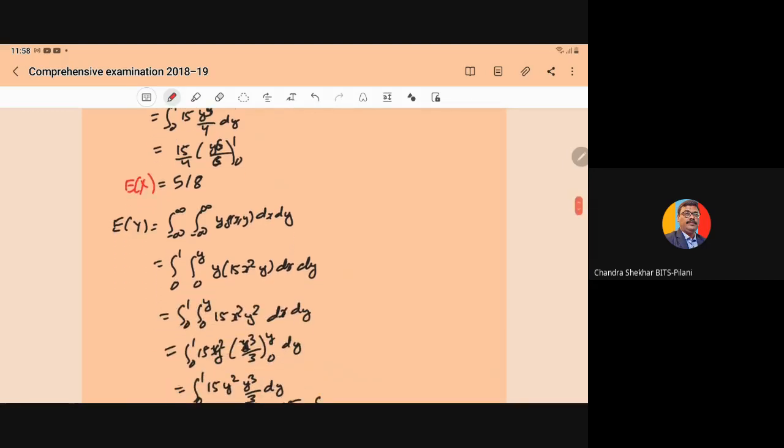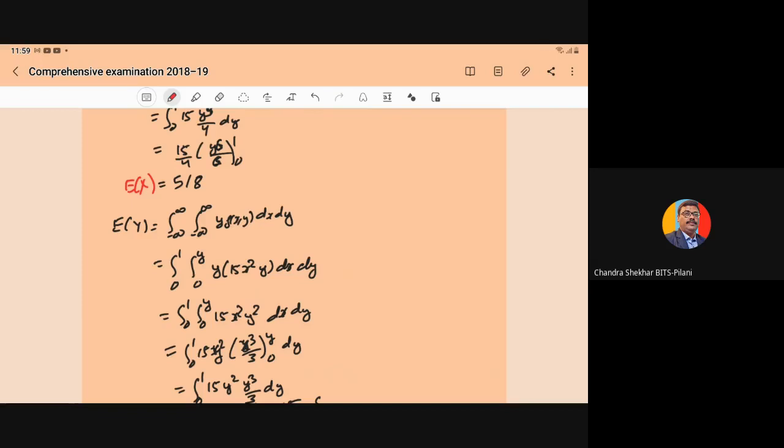Similarly, we compute the expectation of y. You can compute this either through the joint PDF or through the marginal density. So E of y is the integral from minus infinity to infinity of y into f(x,y) dx dy. This is the basic formula for our question.